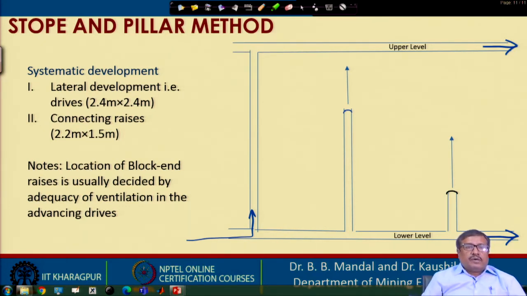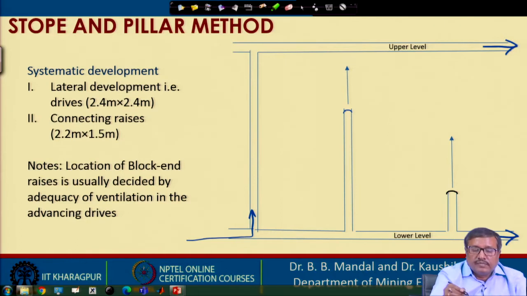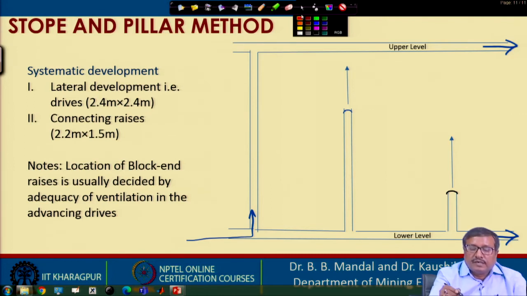The location of blocks and raises is usually decided by the adequacy of ventilation in the advancing drives. That means, if we are going inside in this direction, then how to decide where will be the next raise?